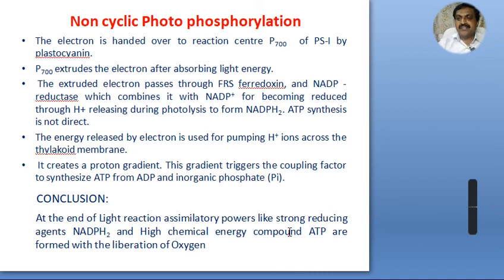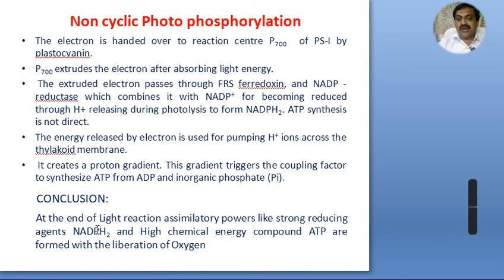The light reaction takes place in stages: photoexcitation of chlorophyll A, conversion of light energy into chemical energy, photolysis of water, then formation of the reducing agent NADPH2, and fourth, photophosphorylation, that is formation of ATP, both cyclic and non-cyclic photophosphorylation. Thus, at the end of the light dependent reaction, the Hill reaction, assimilatory products like NADPH2, three ATP molecules and oxygen are formed.